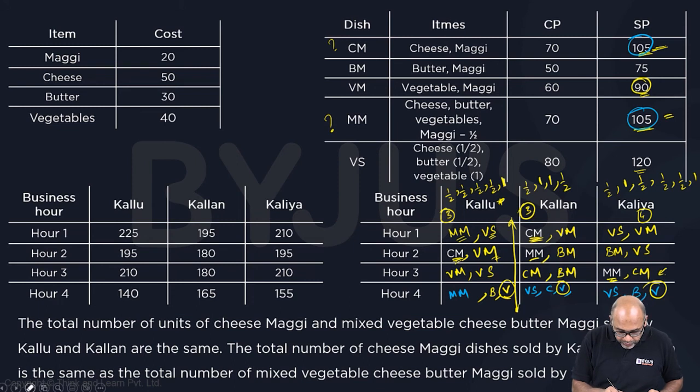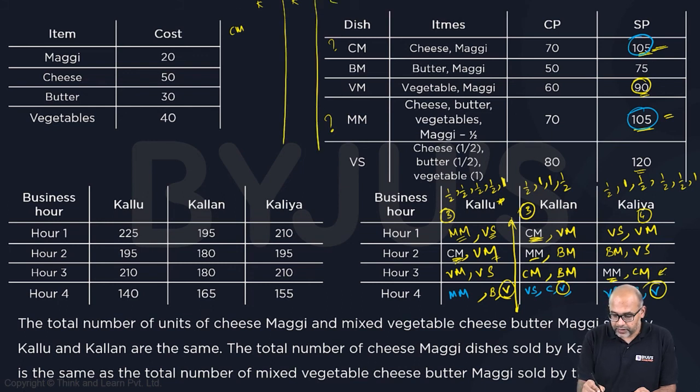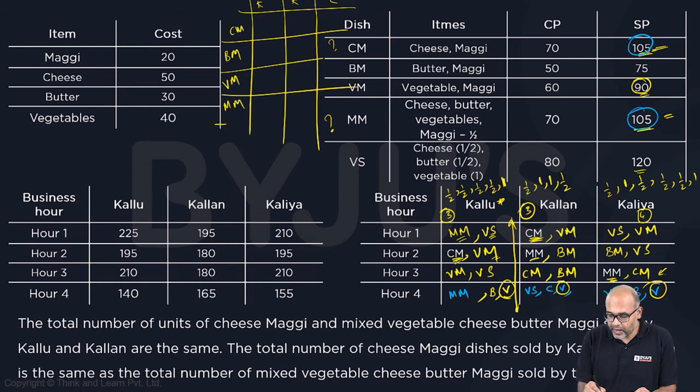Okay, so if I start with cheese Maggi, I will look at Kallu. So Kallu, Kalyan and Kalia, all 3 are columns for me. So CM, then I have BM, then I have VM, then I have MM, and then I have VS.